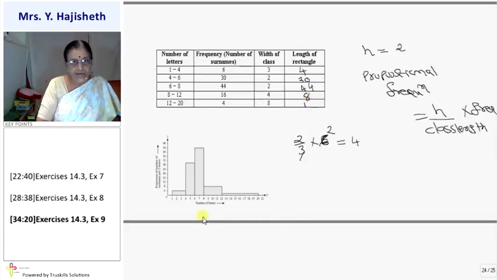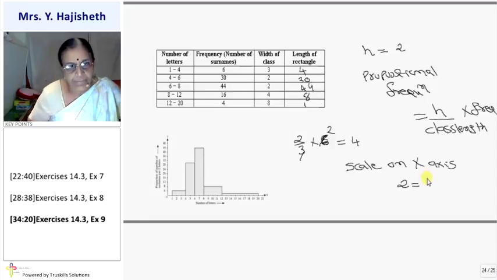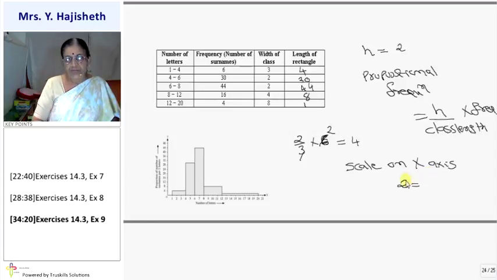So now you take classes on x-axis and proportional frequency on y-axis. क्या स्केल लिया है? स्केल ऑन एक्स एक्सिस, 1 is 1 सेंटीमीटर लिया. पहले में क्या दिया है? 1 to 4 तो 3.